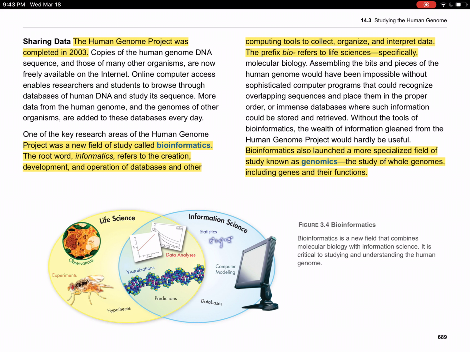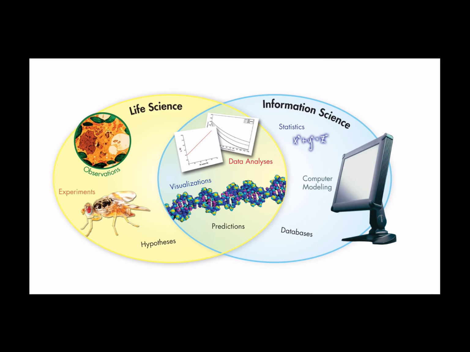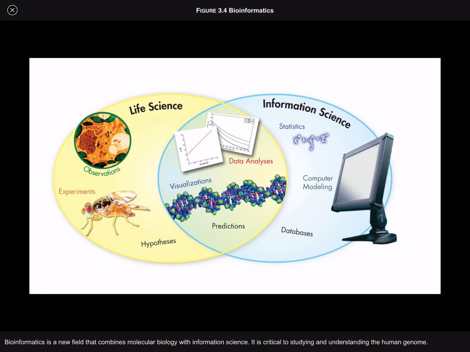This is the application of mathematics and computer science to store, retrieve, and analyze biological data. We take a look at the picture here. It is a new field that combines molecular biology with information science. It is critical to studying and understanding the human genome.